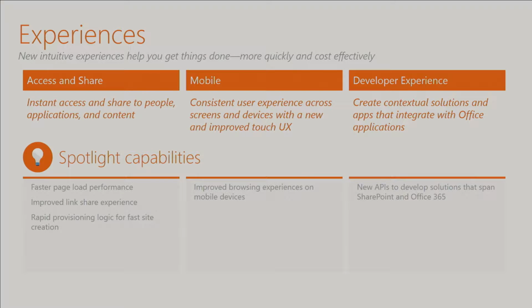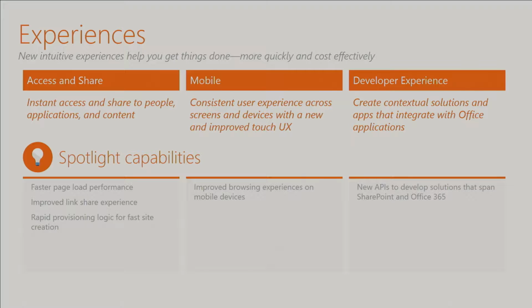There's a couple of spotlight capabilities that we did. One, we improved page load performance. That was an accrual of some of the work that we've done in Office 365, so we really did a lot of work to improve page load performance in SharePoint 2016. We improved the way that you share via a new sharing model. We also added some new rapid provisioning logic for fast site creation when you think about things like OneDrive for Business, aka My Sites.